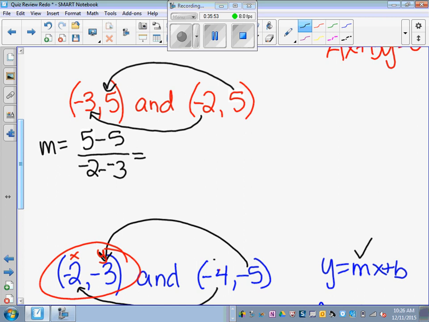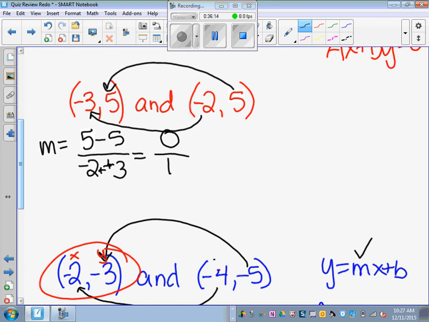What does 5 minus 5 give us? 0. And minus a negative becomes plus a positive. Negative 2 plus 3 is 1.